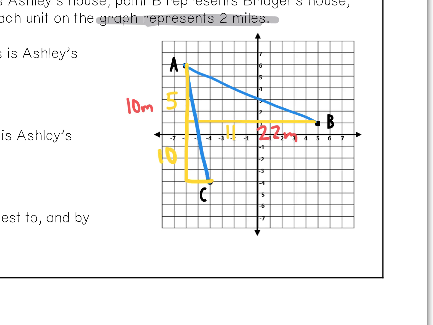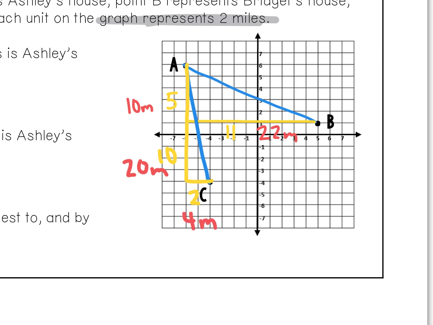Okay, and then how wide is my triangle, Emmett? 2. But those aren't the miles, right? Those are just how many blocks. So how many miles is it? If it's 10 blocks tall, it would be 20 miles. And if it's 2 blocks wide, it would be how many miles? 4.